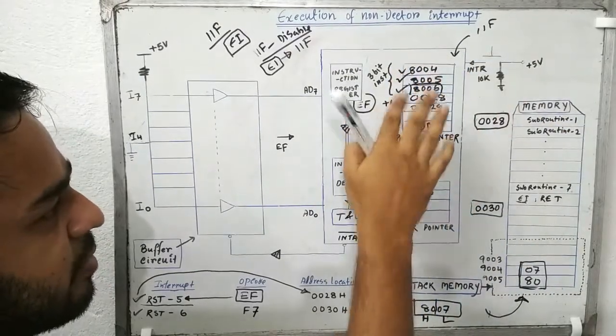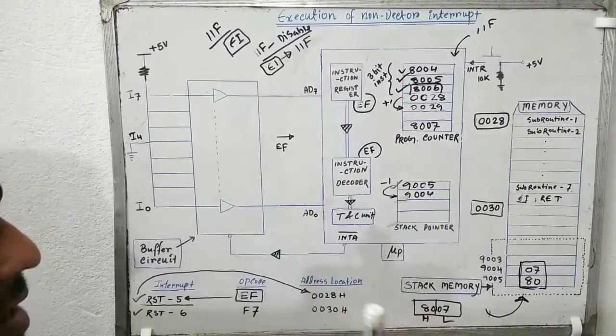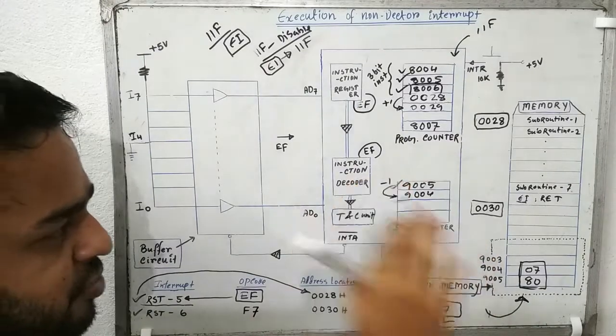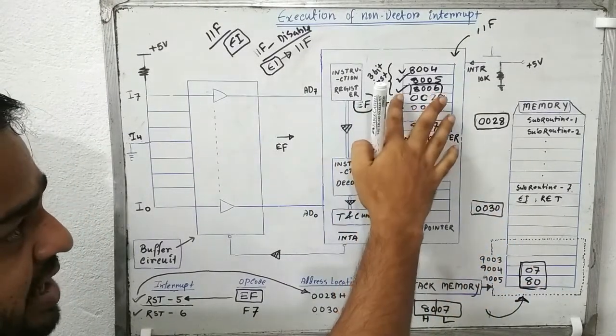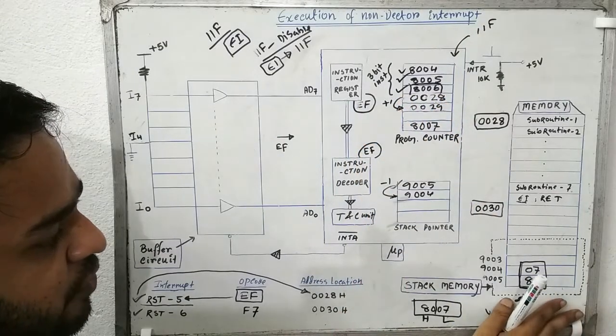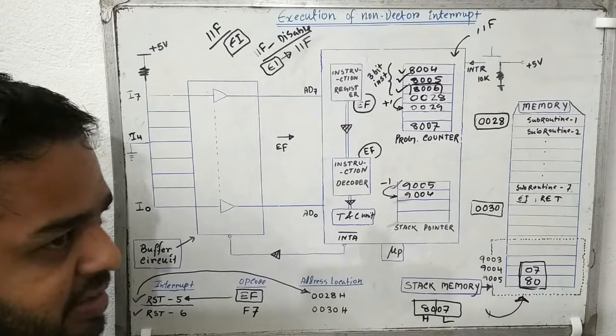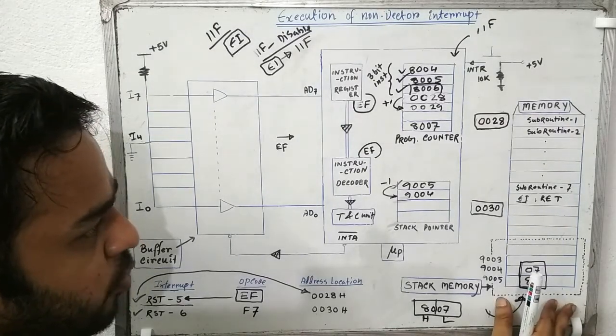When any interrupt request enters the microprocessor, it will immediately stop the execution of its main program and store the next instruction address into the stack memory that you can see over here, 800, where the next instruction address has been stored as a bookmark.